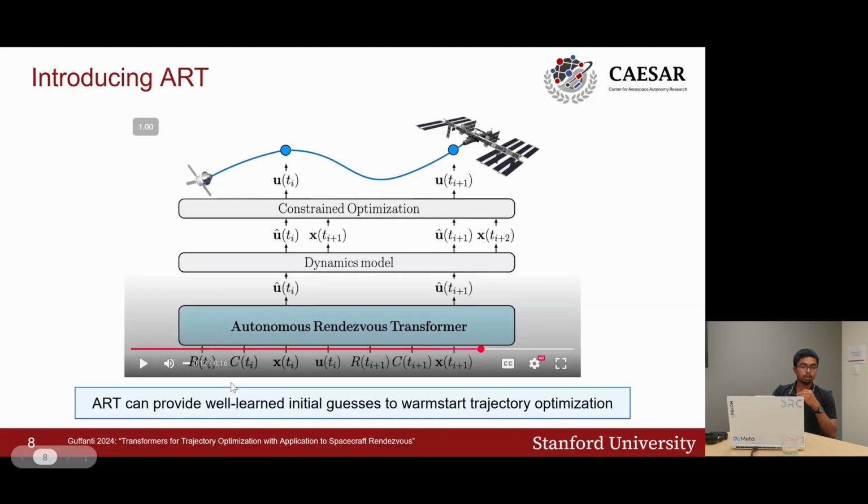The reward-to-go is an indication of the expected fuel cost this trajectory is going to incur, whereas the constraint-to-go is an indication of how safe this trajectory is going to be. Upon passing an initial state, this transformer returns an expected action, which is then optimized to give a more specific action, and this is done auto-regressively for multiple time steps until you get the entire trajectory.